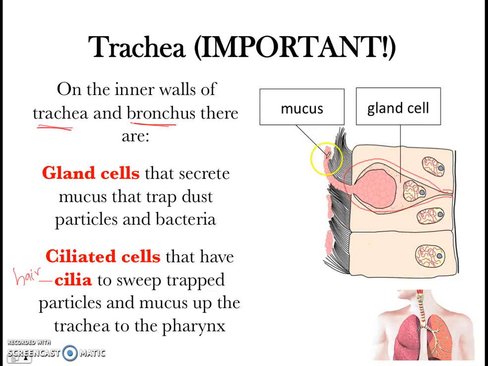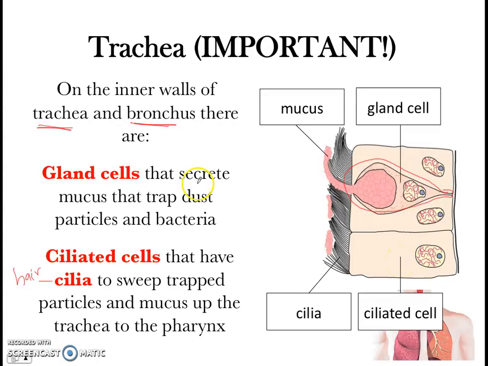So they'll sweep up any trapped particles and mucus to the pharynx, and from the pharynx you are able to either cough it out of your mouth as phlegm, or swallow it down to your esophagus, into your digestive system. Okay, so you need to know these two types of cells that can be found in the inner walls of the trachea and the bronchus. Okay, so that's how the trachea is adapted for gases moving through it. So in the diagram, here is the ciliated cell, and here are the cilia.